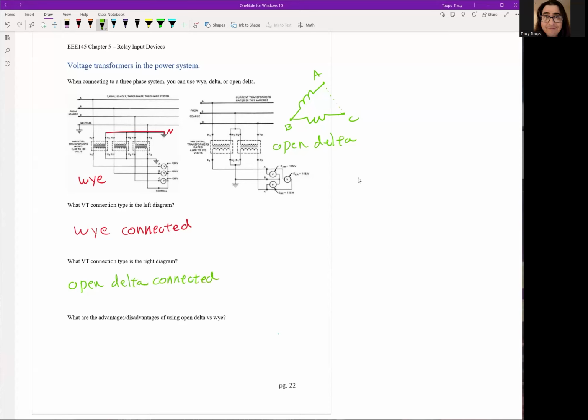Open delta connected VT. Right now, there are some downsides to it. If the system is unbalanced, you won't get a good reading. You'll actually get an error reading if the system is unbalanced. So this is a cheap solution that only works on a balanced system.